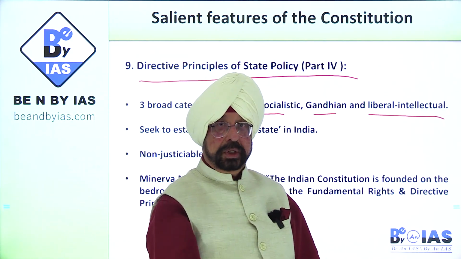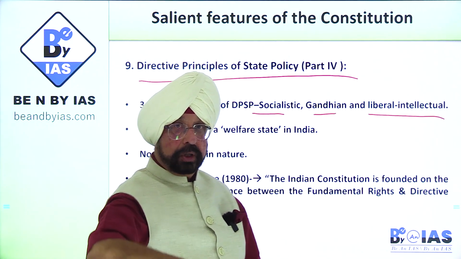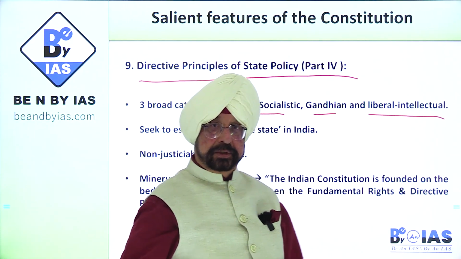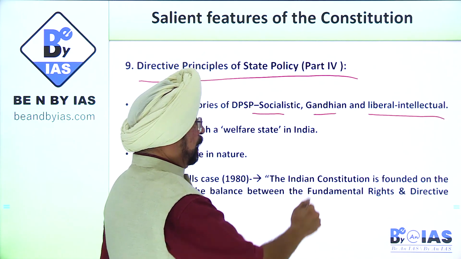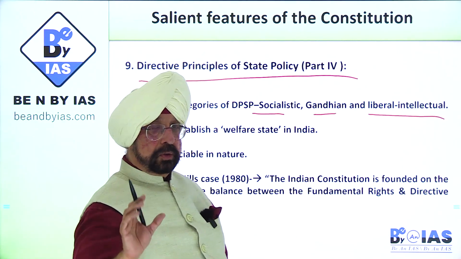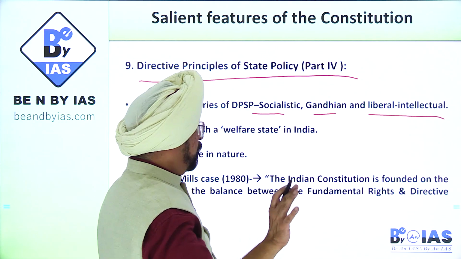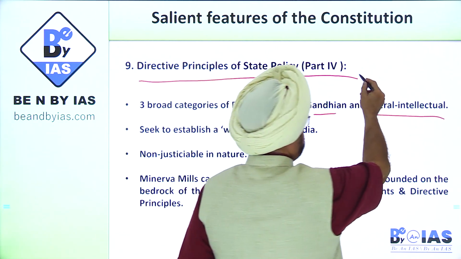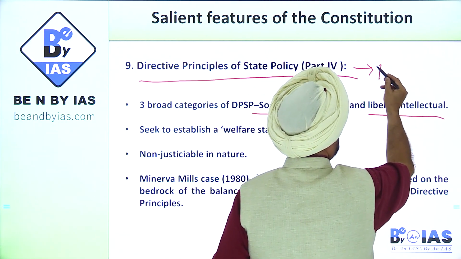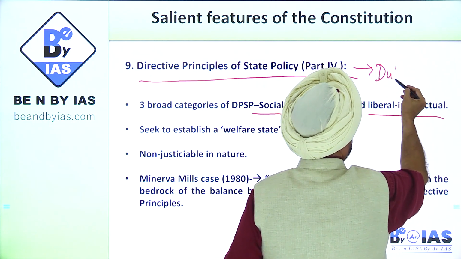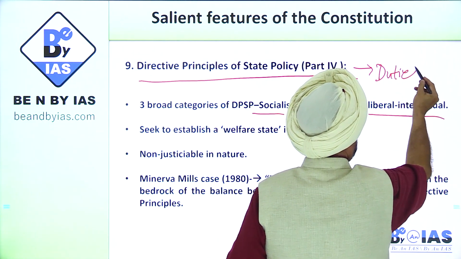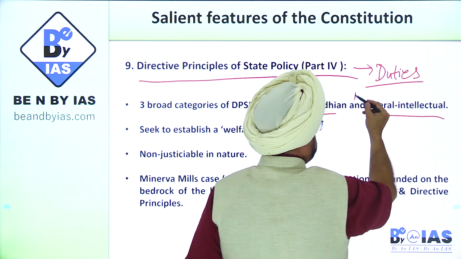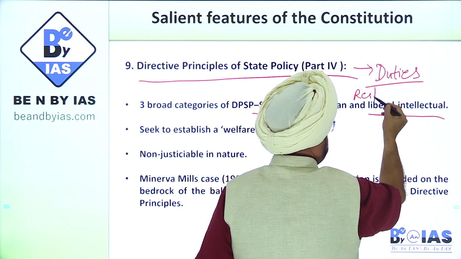We will come to the question of how much is there and when it was introduced a little later. Liberal and intellectual. Now, I tell you one important thing, that these are all duties or responsibilities of the state.